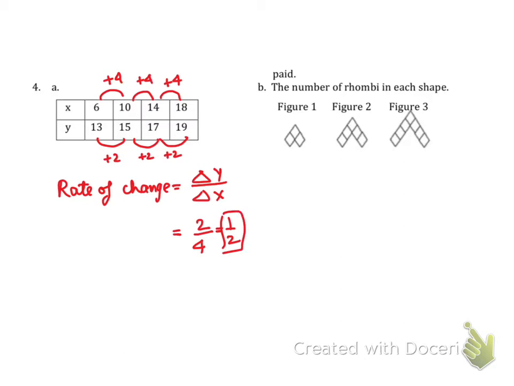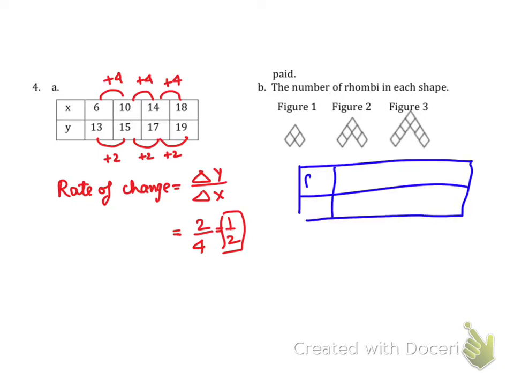If I'm doing the second one, now they gave us the figure and a picture, but still you can translate that information into a table if I want to. So here it is figure and number of rhombi. First figure, second figure, and third figure.